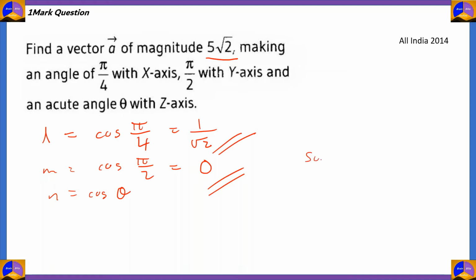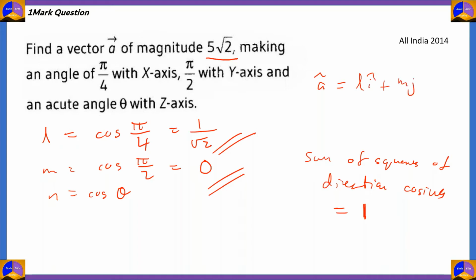What we do know is that the sum of squares of direction cosines is equal to 1, because a unit vector a cap can be written as Li plus Mj plus Nk, and the magnitude of a unit vector will always be 1, so the sum of the squares of the direction cosines will also be equal to 1.